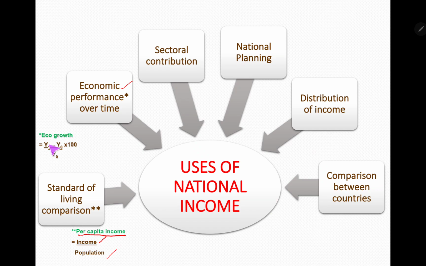Or Y1, the national income for the current year, minus the national income for last year, over the national income for last year, times 100, and you get the percentage of how many percent the economy grew.